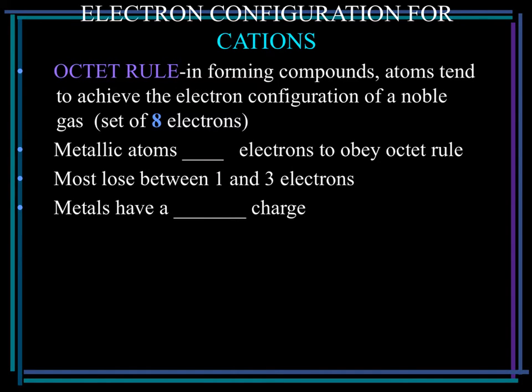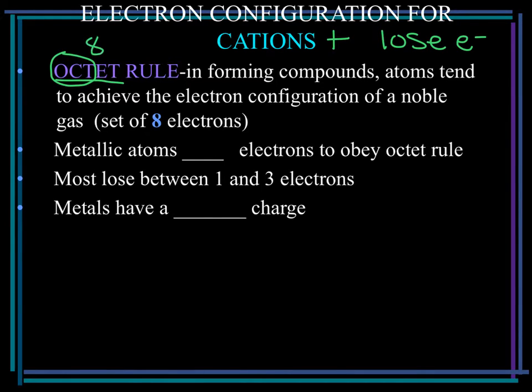Let's start by talking about cations and reviewing what cations are. So what is the charge on cations? They are positive. And how do they get that positive charge? Well, they will have to lose electrons. So cations are going to lose electrons to obey what we call the octet rule. What does oct mean?